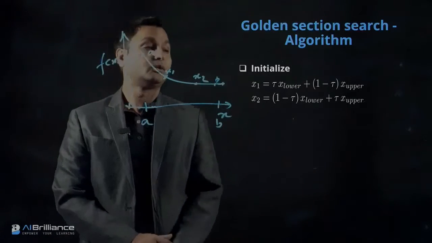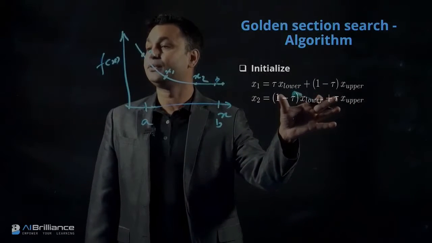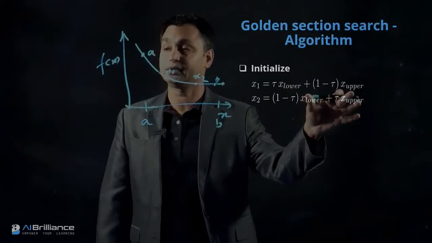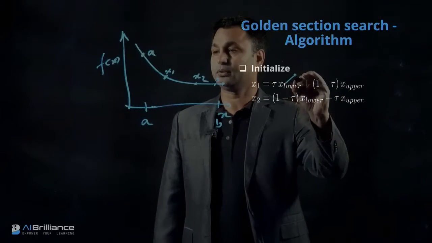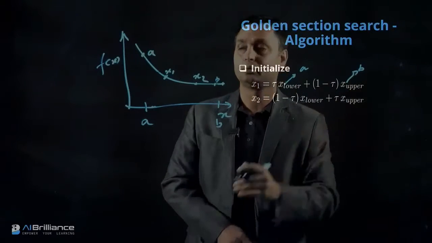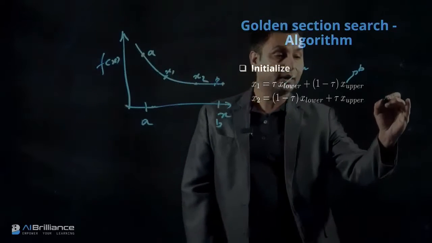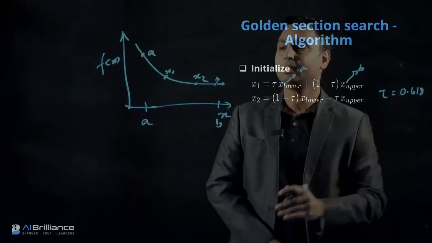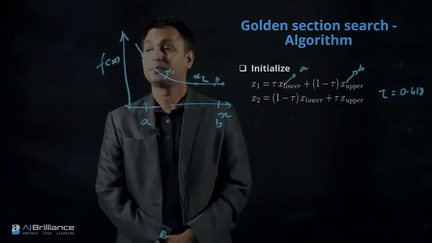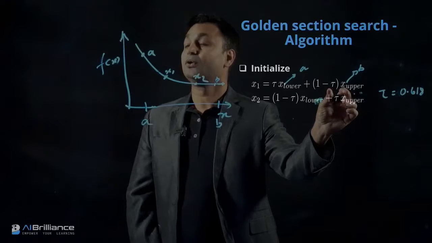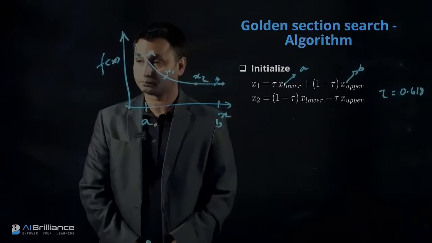Okay. So x1 will be initialized using the equation that is given here. We know the x lower and x upper, which in our case are also A and B, right? We know that tau is essentially the golden section ratio, which is 0.618, so we will be using that value. Since we know x lower, x upper, and the value of tau, from there we can compute x1.